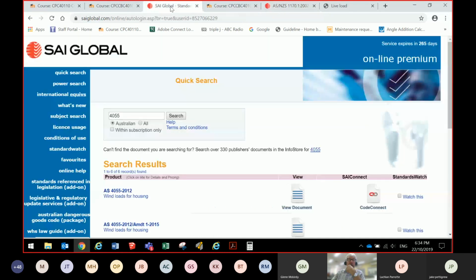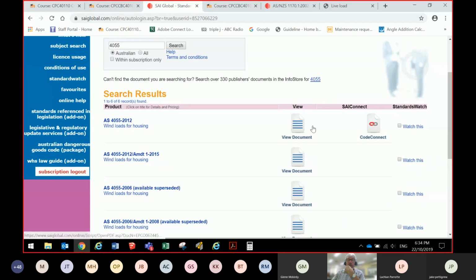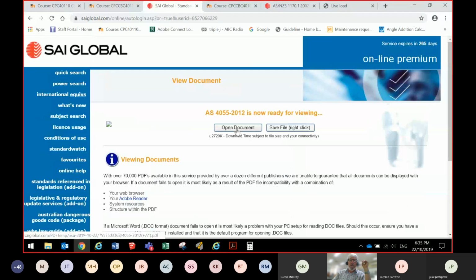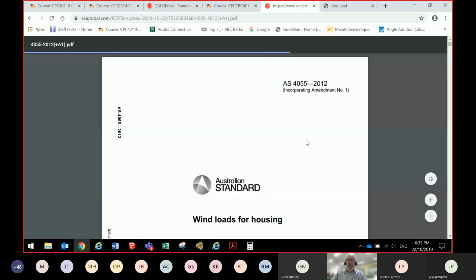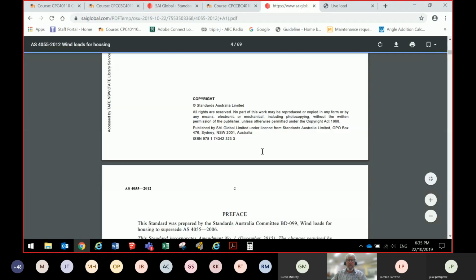Just have a look and see if I've found wind loads on housing. Here's our 4055 2012 wind loads on housing. Once we fire this one up, you'll find when we look at the map of Australia close up on the Australian Standard, it comes up real early in this document.